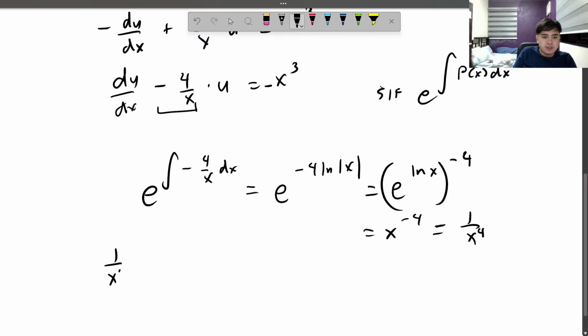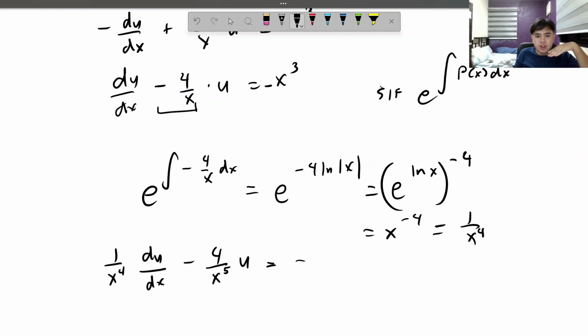So 1 over x to the 4 du over dx minus 4 over x to the 5 u equals negative, well, x cubed over x to the 4 is 1 over x.